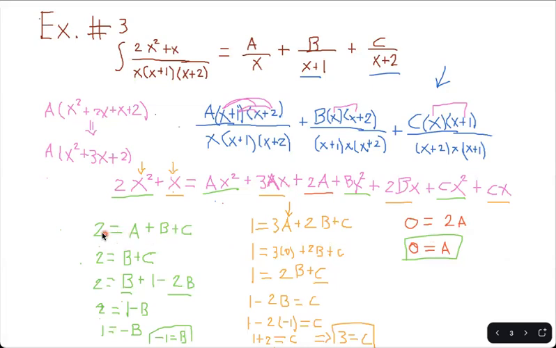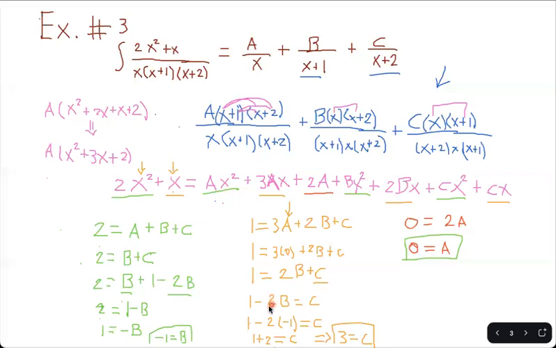Just imagine we factored out either the x squared or the x. Then we try to calculate and find a, b, and c. A was easy: it was basically 0 equals a. And then we had to work a little bit more to find b and c.